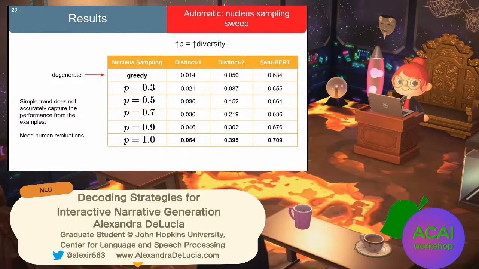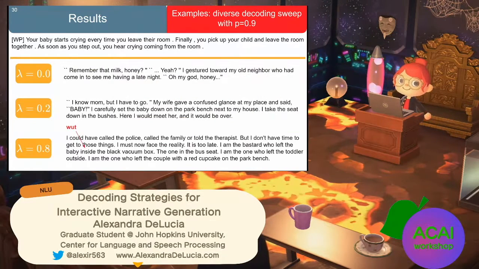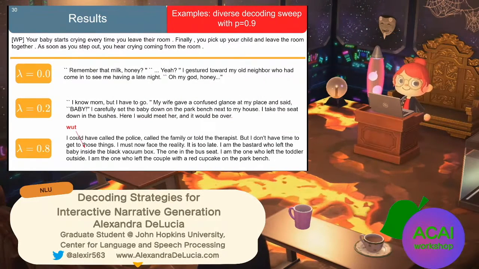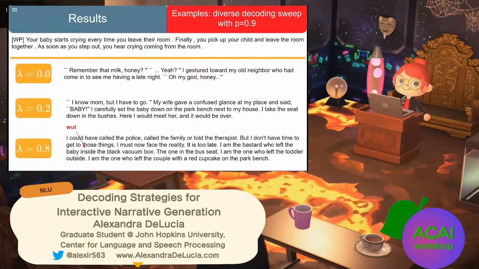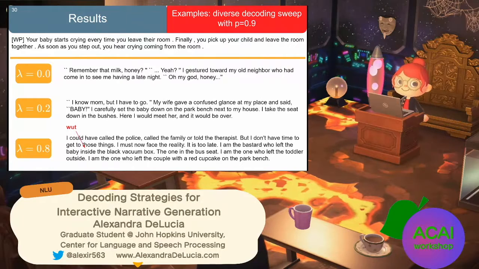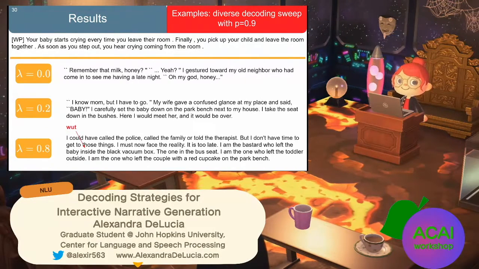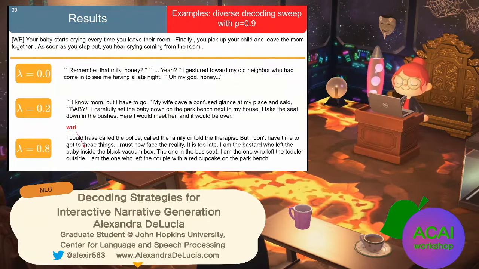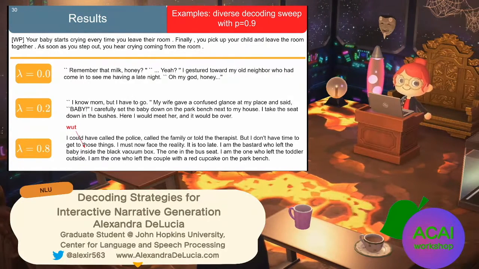So that was for the nucleus sampling parameter sweep. Now for the diverse decoding sweep, we held our nucleus sampling decoding at p equals 0.9 because after looking at other examples, we agreed that we like that one the best. These ones are a little short.